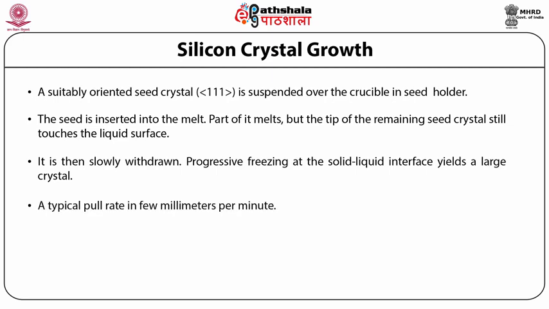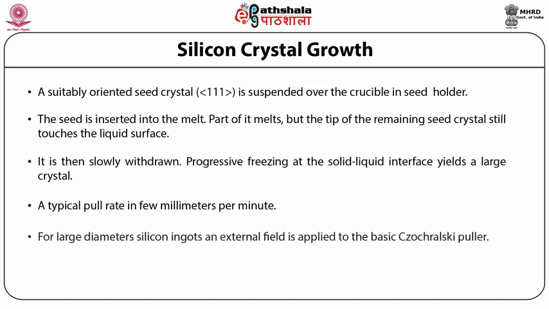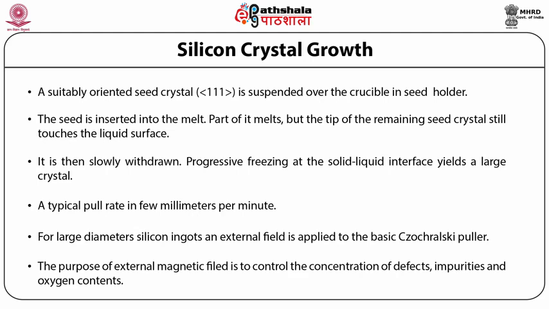A typical pull rate is a few millimeters per minute, but for large diameter silicon ingots an external field is applied to the basic Czochralski puller. The purpose of the external magnetic field is to control the concentration of defects, impurities, and oxygen content.